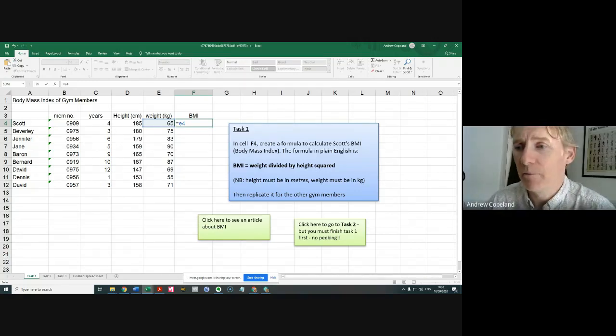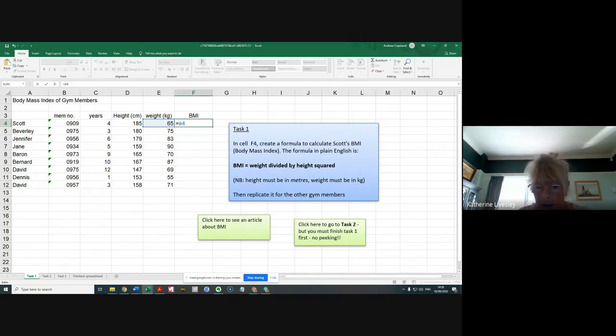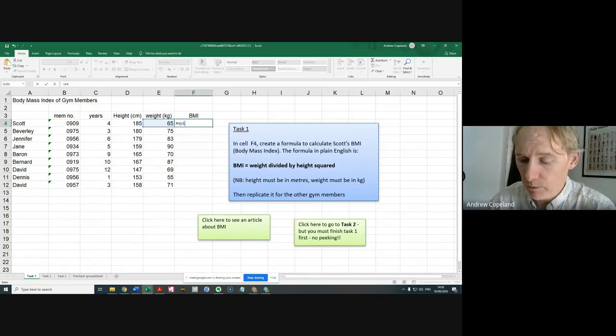Now we need to divide that by height squared. Do you know what the divided by symbol is in spreadsheets? Is it the slash? It is, excellent, well done. Slash, so again, easy so far. Now it gets a bit difficult because we've got to take his height, which is in D4.